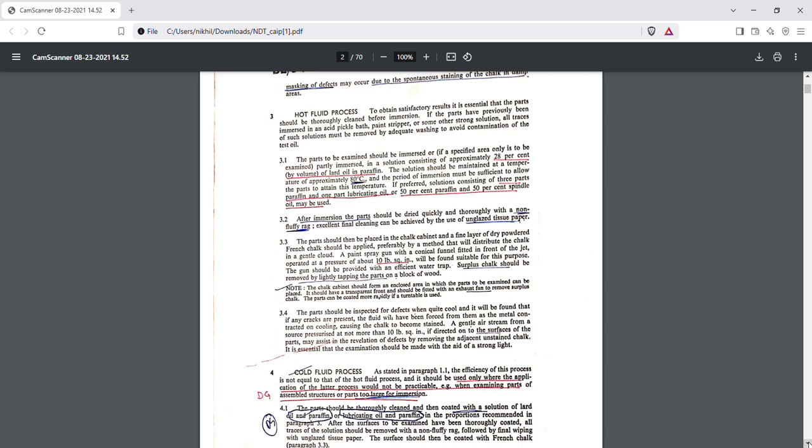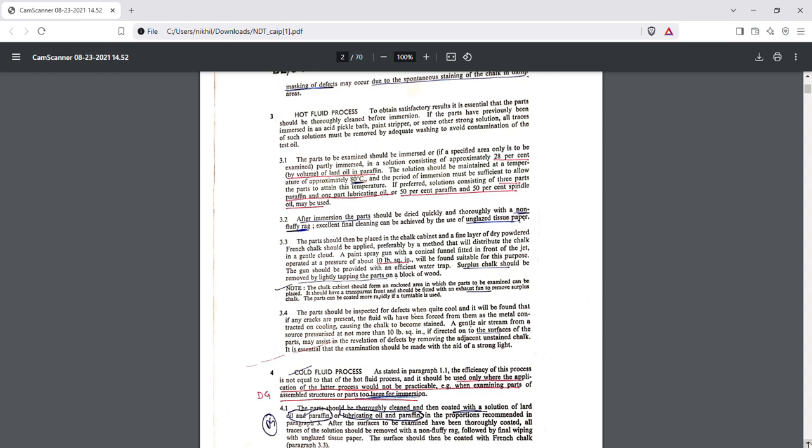If the parts have previously been immersed in an acid pickle bath, paint stripper, or some other strong solution, all trace of such solutions must be removed by adequate washing to avoid contamination of the test oil.